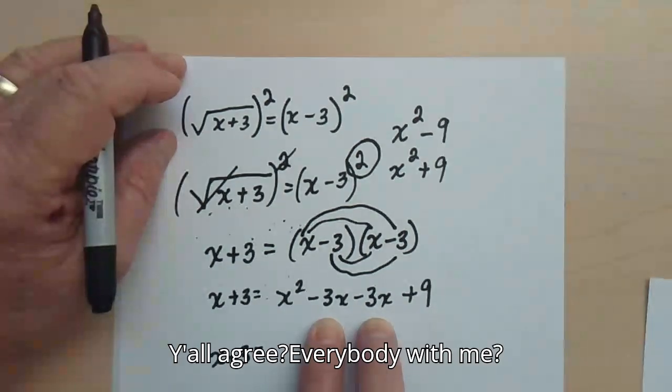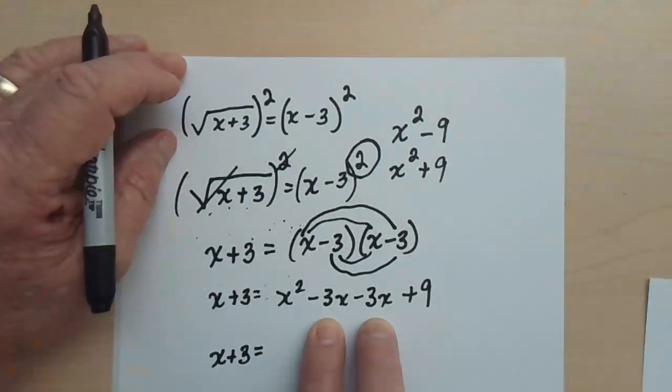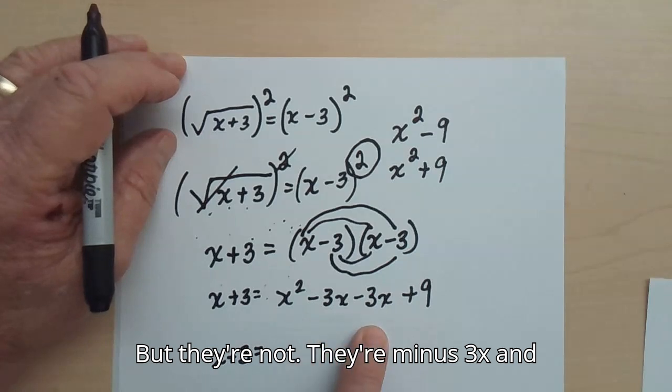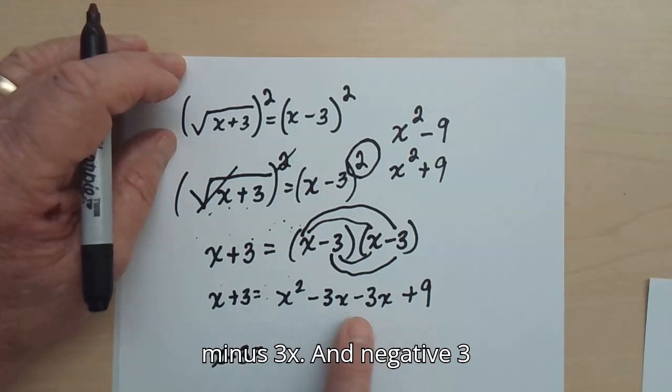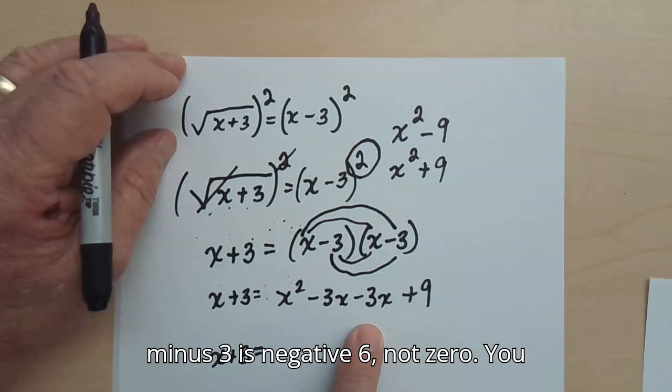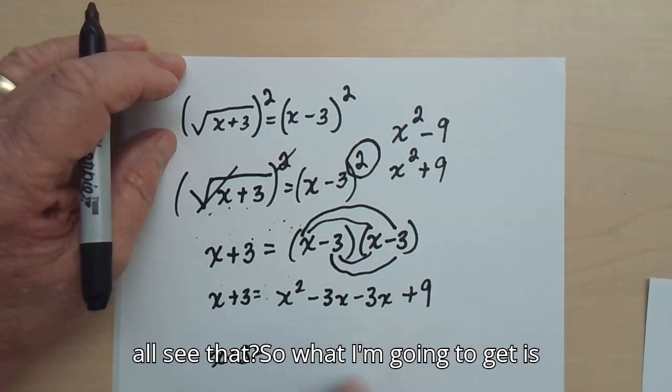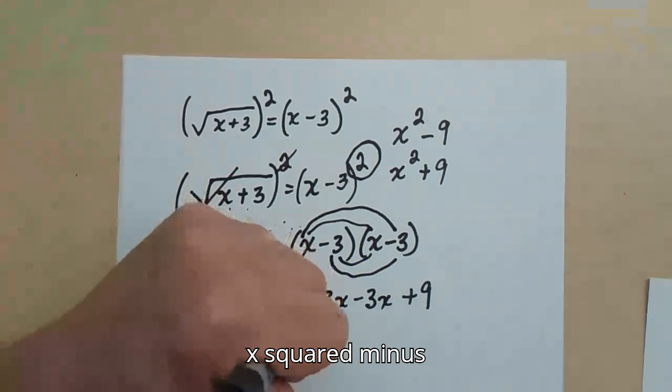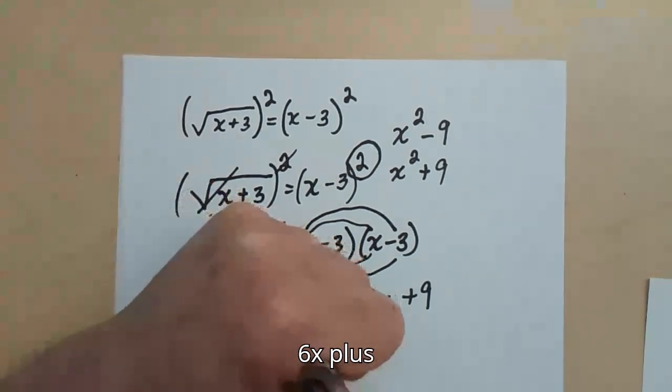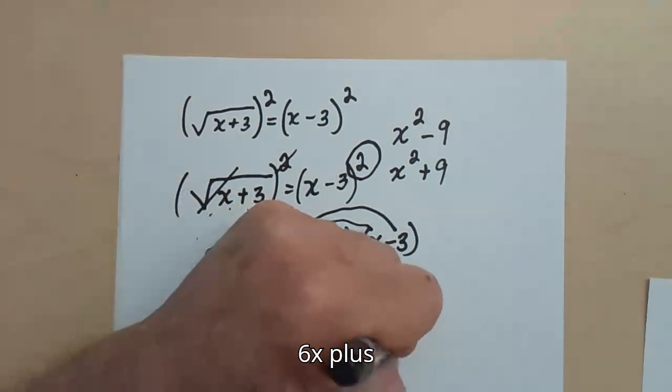Y'all agree? Everybody with me? But they're not. They're minus 3x and minus 3x. And negative 3 minus 3 is negative 6, not 0. Y'all see that? So what I'm going to get is x squared minus 6x plus 9.